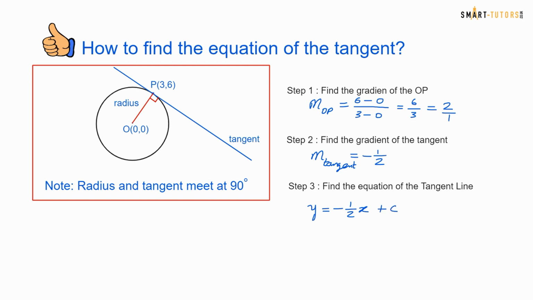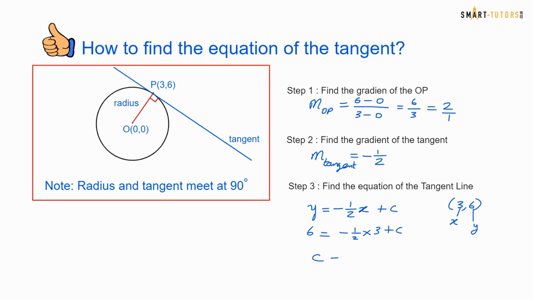Step 3, we need to find the intercept by substituting the coordinate (3, 6), since the line passes through that point. 3 is the x coordinate, 6 is the y coordinate. So 6 equals minus half times 3 plus c.